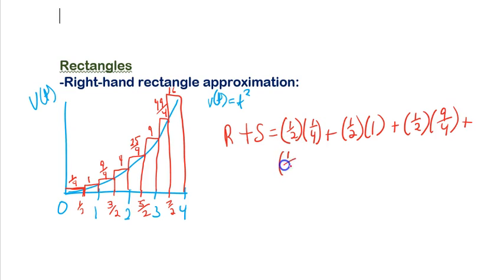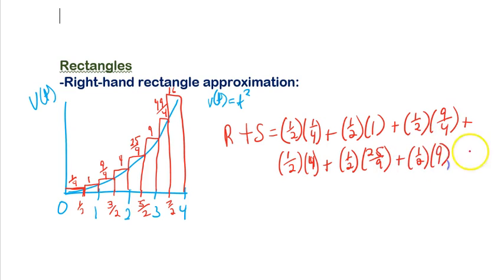Then I'm going to have 1/2 times 4. 1/2 times 25 over 4, 1/2 times 9, 1/2 times 49 over 4, and finally 1/2 times 16.